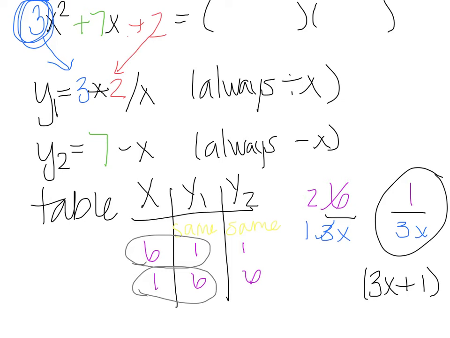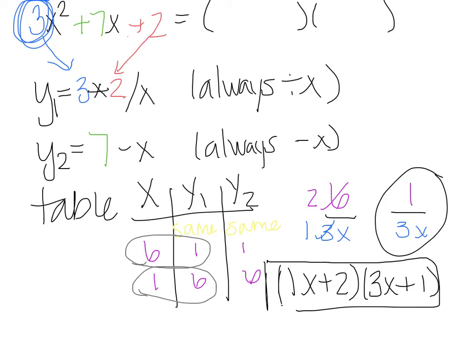So my second parentheses is 1x plus 2. And that is my factorization. So my answer to this original problem is 1x plus 2 times 3x plus 1. That means my factors of 3x squared plus 7x plus 2 are 1x plus 2 and 3x plus 1.